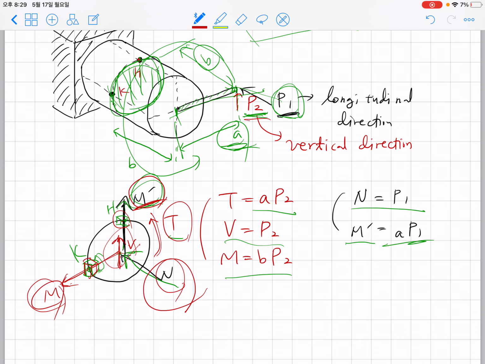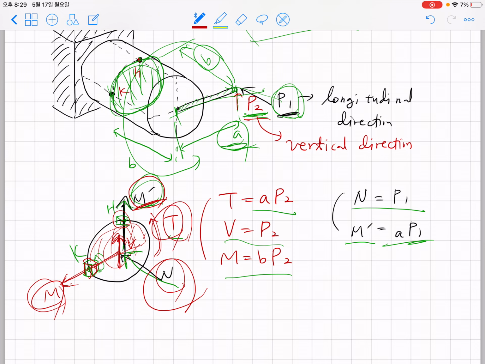There is large shear stress due to V, because this is at the centroid position and Q becomes really large, so you expect shear stress at K point, and there is also shear stress due to T. So you can identify the reactions that cause normal stress and shear stress at K point and H point.